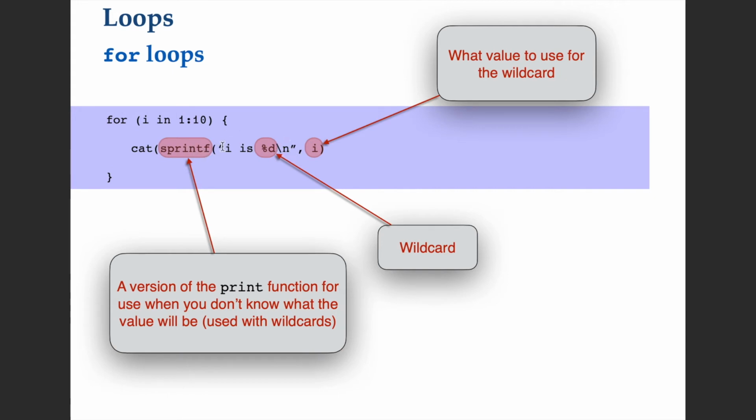So we're going to print this, and then you have a comma, and then you have what value to use for the wildcard. So we have one wildcard that we're using here. And so we have to tell it what variable to use to fill that wildcard. So here, because i is in quotes, it's going to actually print the letter i. But then it's going to print i space is, and then it's a wildcard here. So it says, okay, an integer is going to be here. And for the integer, use the value that's in the variable i over here.